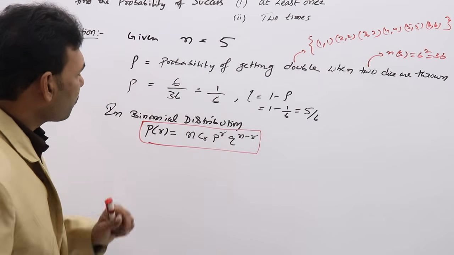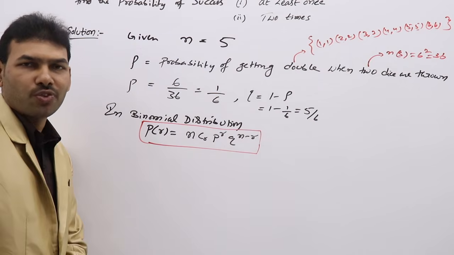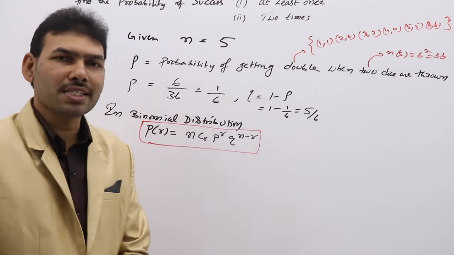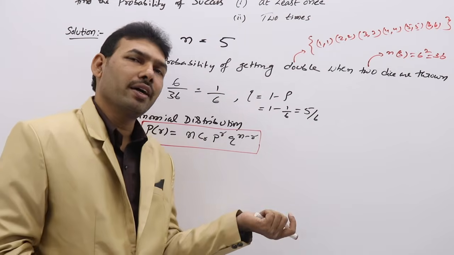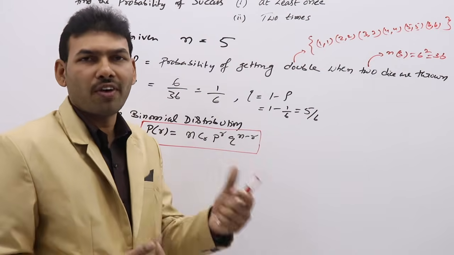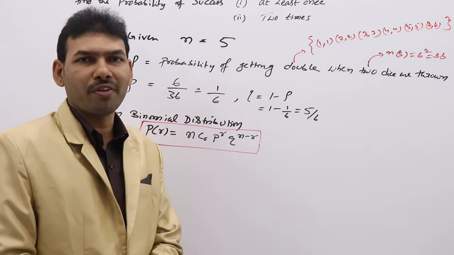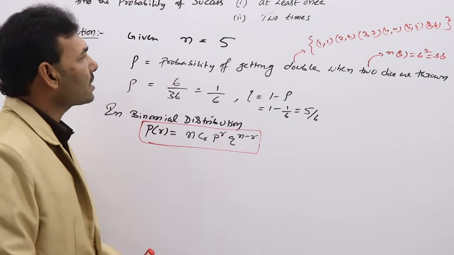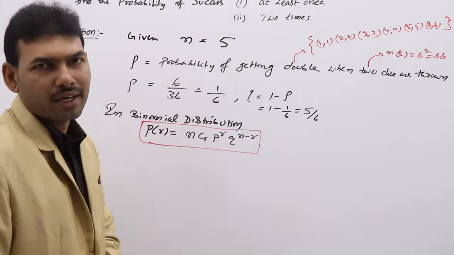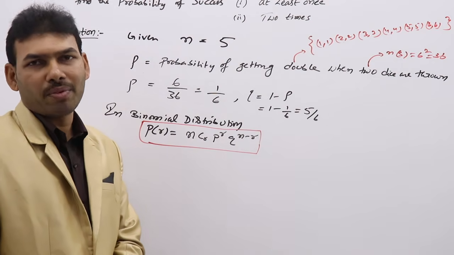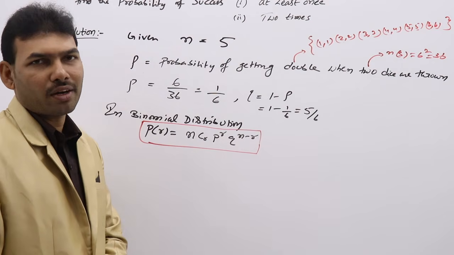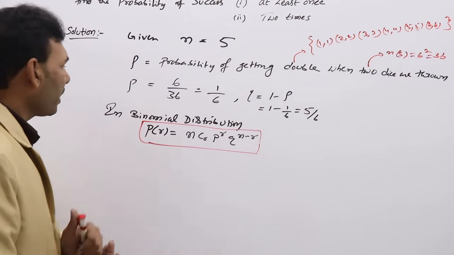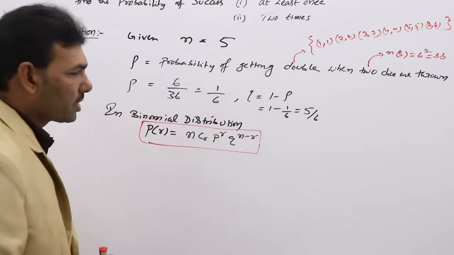In the binomial distribution, to find the probability of r successes, we use this formula. Whenever dice or coins are thrown or tossed a finite number of times, that distribution is binomial. Here the dice are thrown 5 times, which is a small number, not large, so we will treat it as binomial.